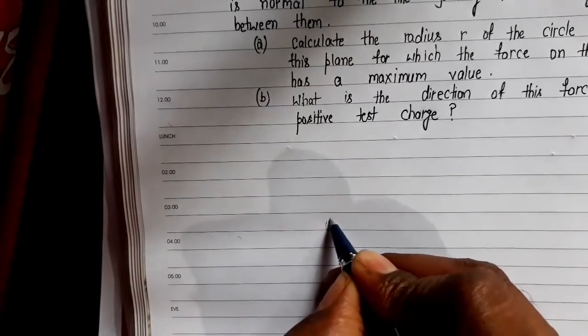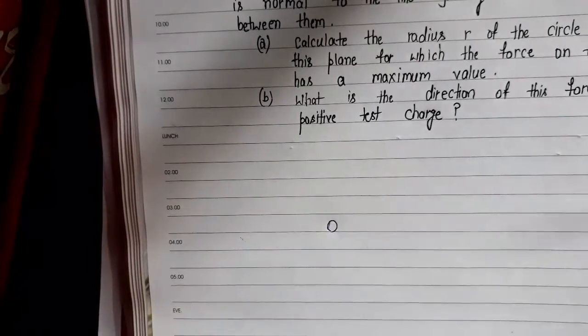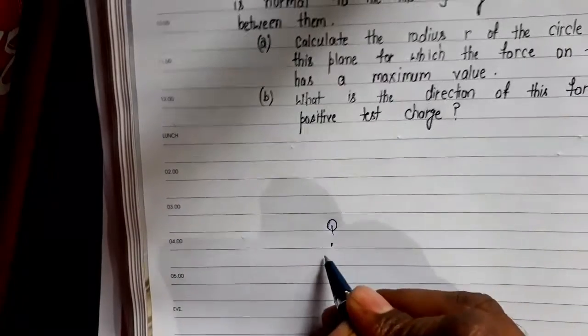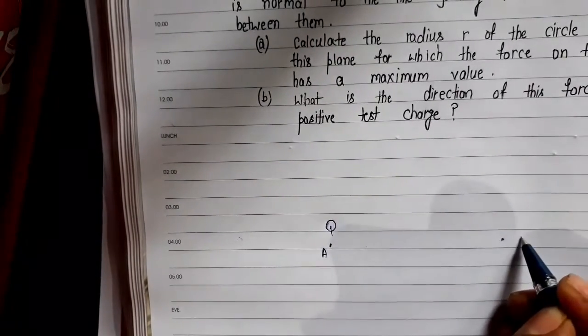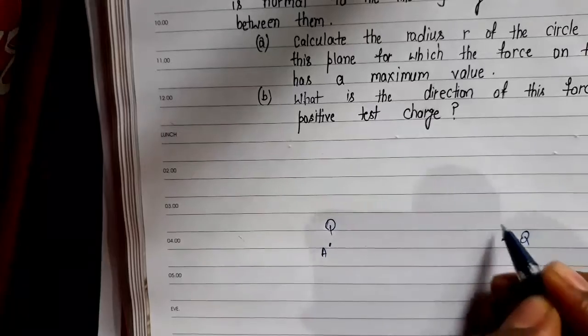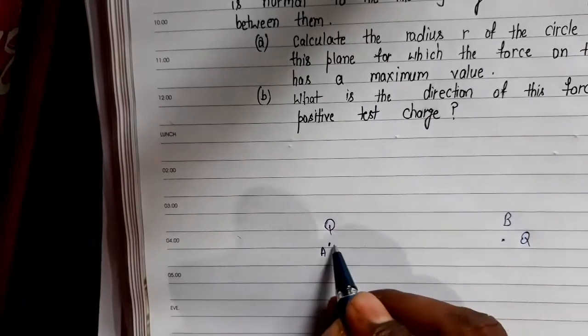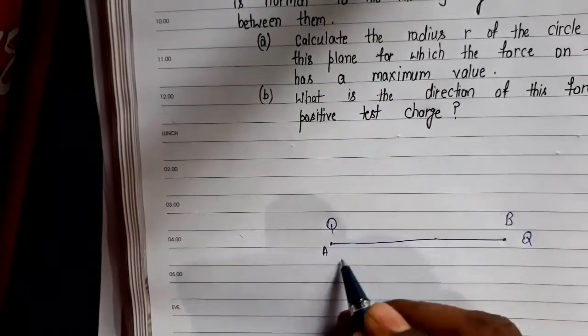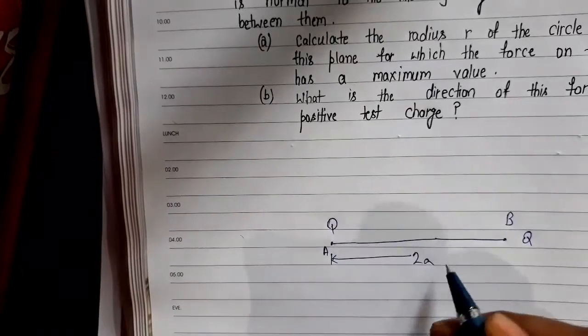Suppose we have a charge Q placed at point A and a charge Q placed at point B. Together the distance is 2a.